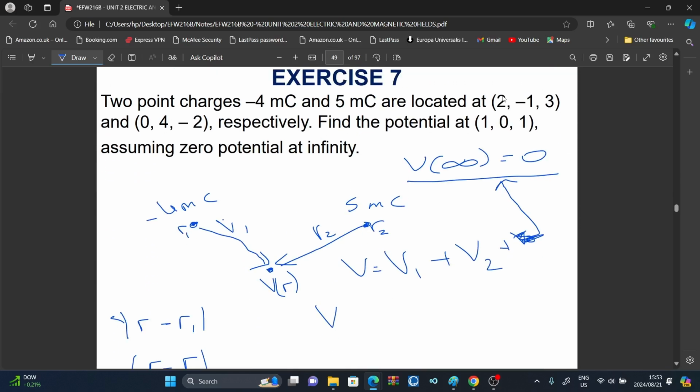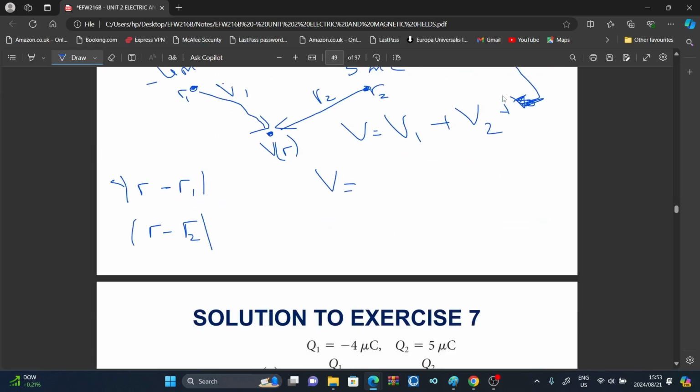So it says we have V equals Q over 4 pi epsilon naught, then our distance between R and R1. That's for V1.